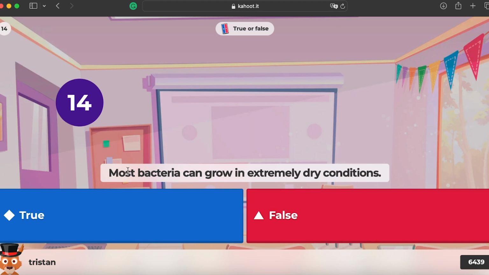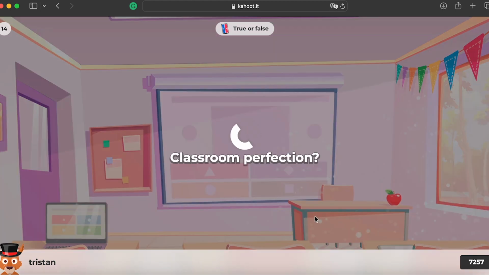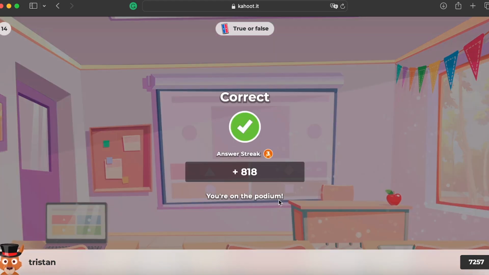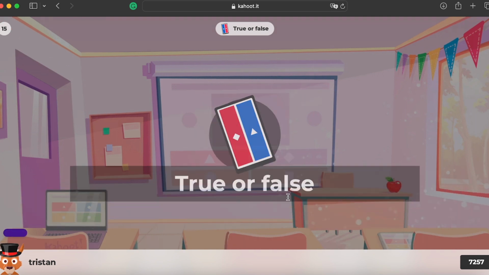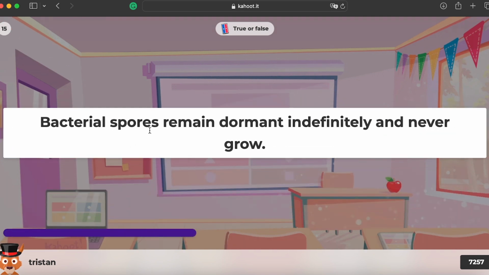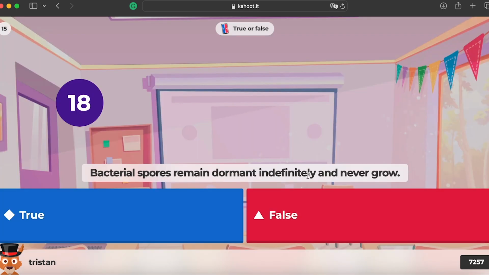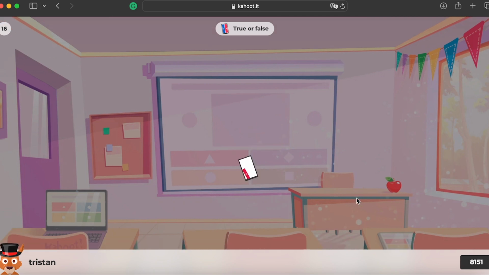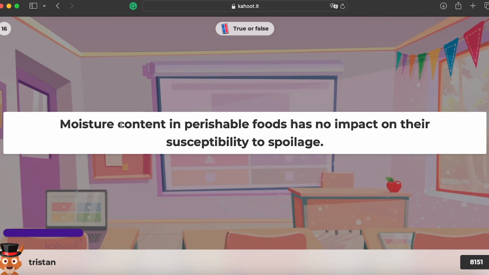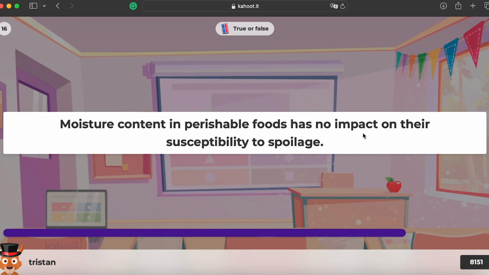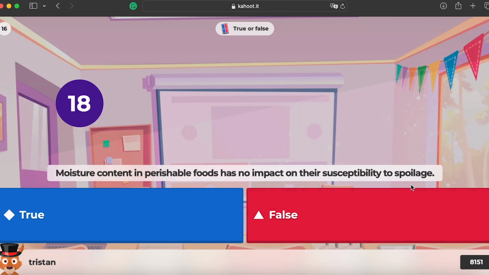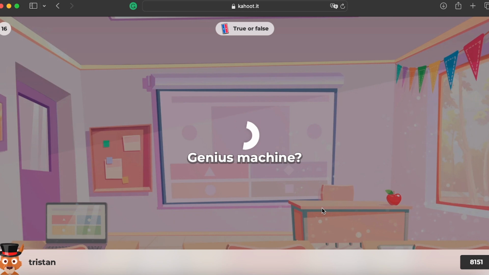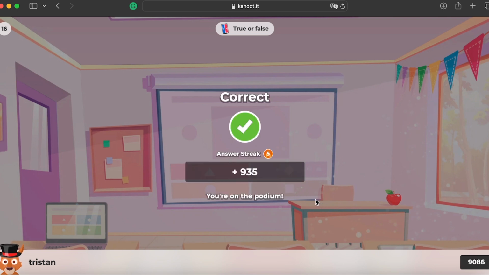Extremely dry, and "most" here makes it false. Yeah. Bacterial spores remain dormant indefinitely and never grow. No. Moisture contained in perishable foods has no impact on the susceptibility to spoilage. It's false. It has some impact.